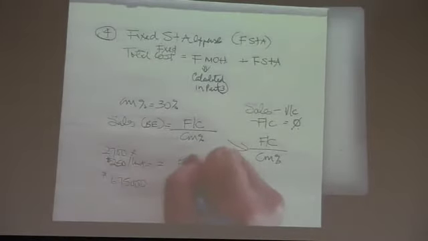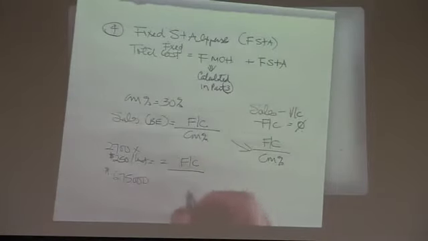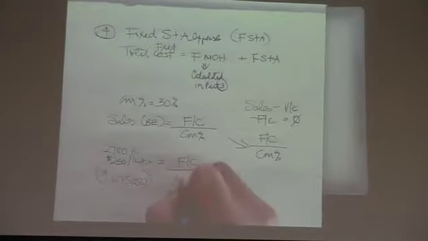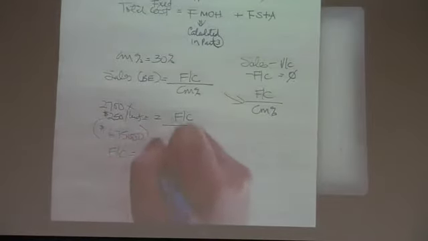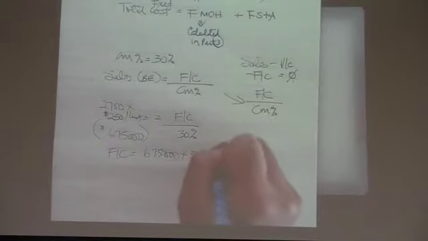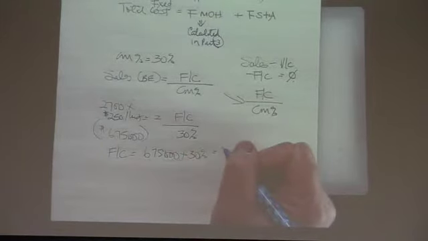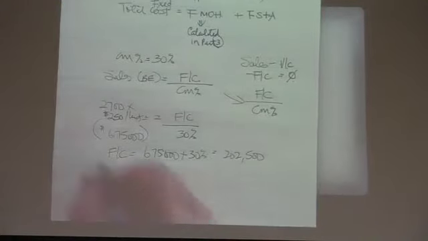Fixed cost is unknown. The contribution margin, we know is 30%. So fixed cost is $675 times 30%, which gives us $202,500. That's total fixed cost.